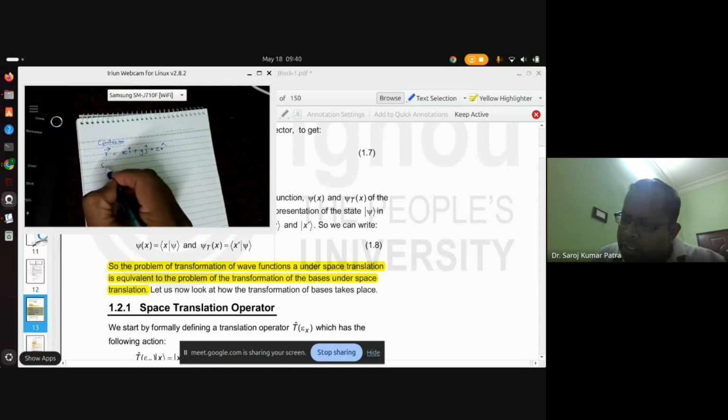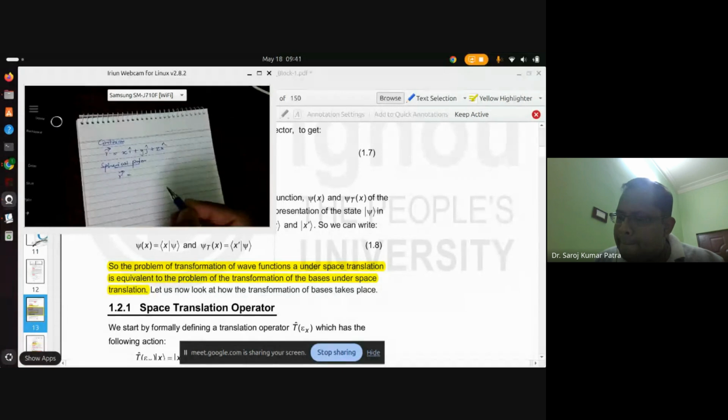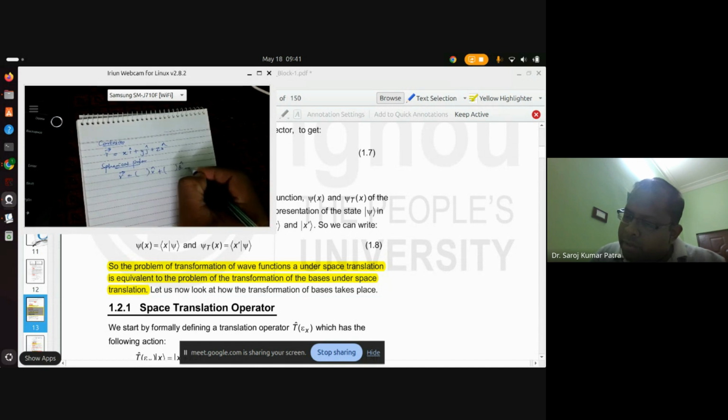Now, what about in spherical polar? How do we write? It will be some r cap plus some theta cap plus some phi cap, right?